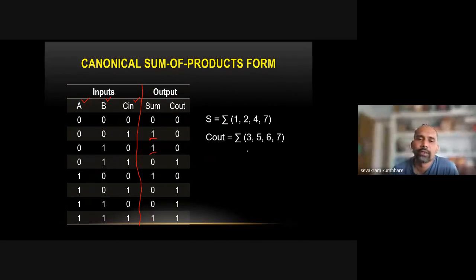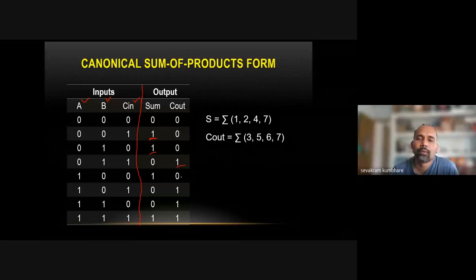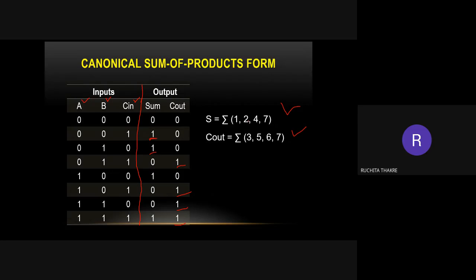Similarly, for carry out: 3, 5, 6, and 7. That's why I will write Cout is equal to sum of 3, 5, 6, 7. I hope this is clear to all of you. Is it clear? Now, how to write down this expression?